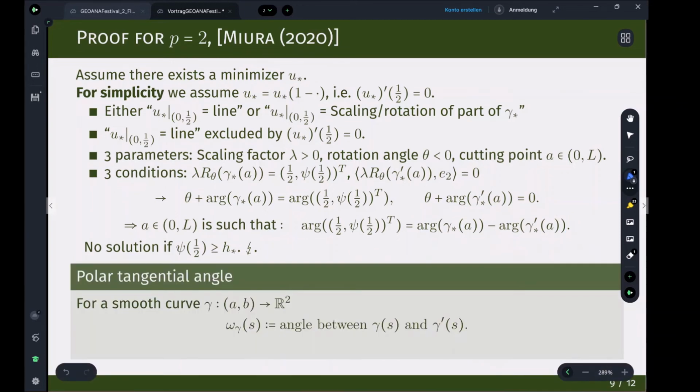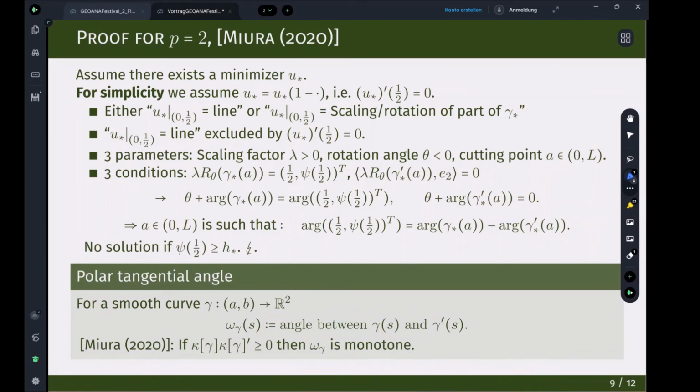And one can see that it's a monotone quantity under a certain condition, namely if the product of the curvature and the derivative of the curvature of such a smooth immersed curve doesn't change sign, then the polar tangential angle is a monotone quantity.